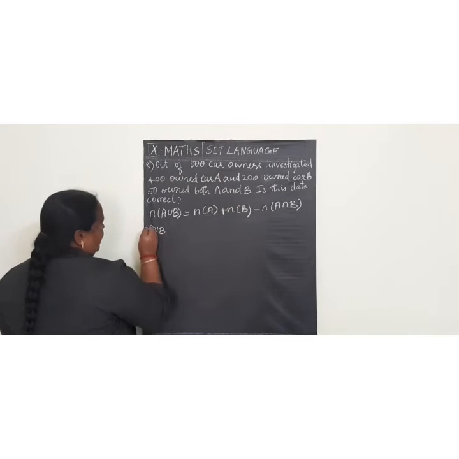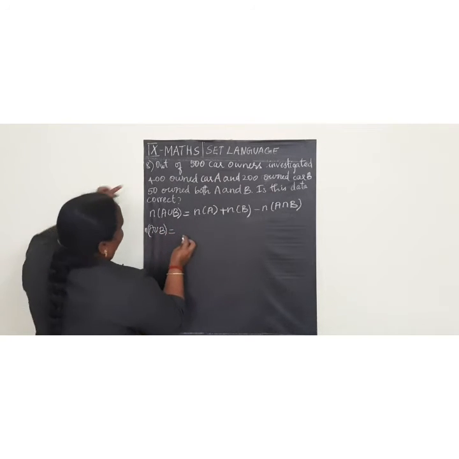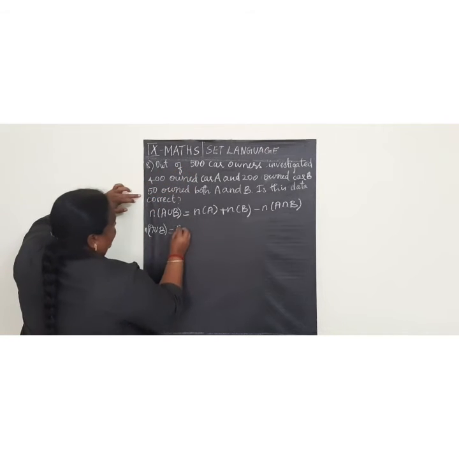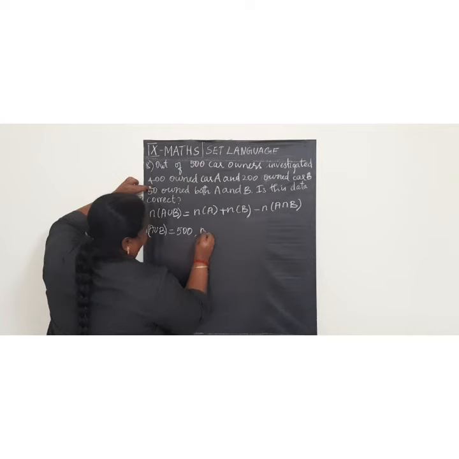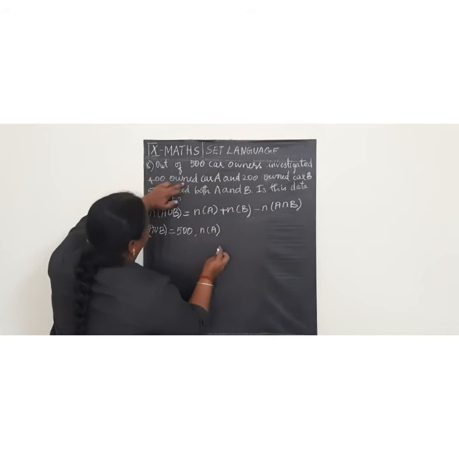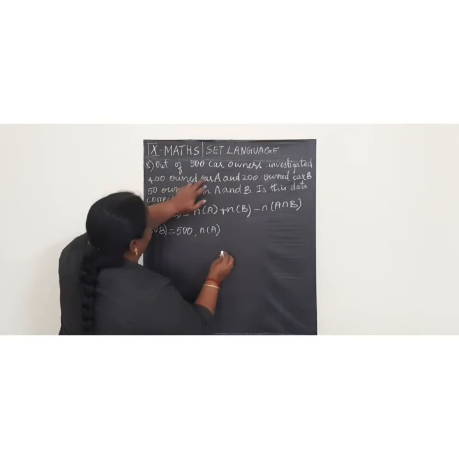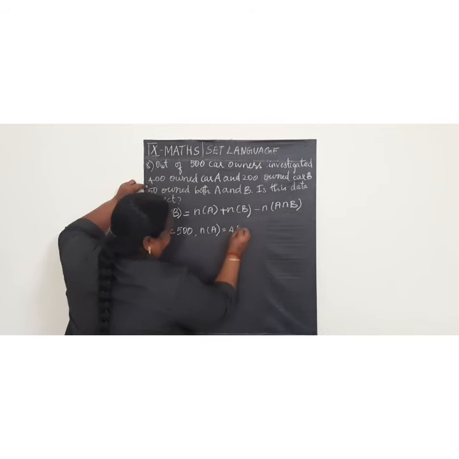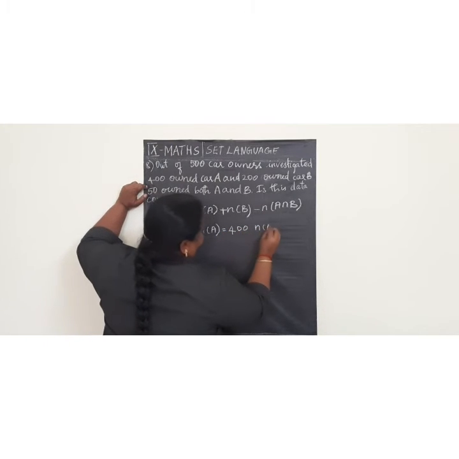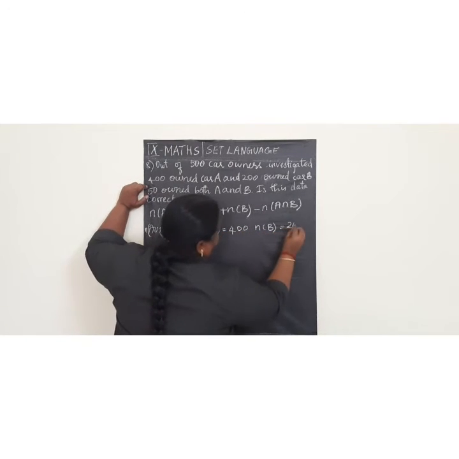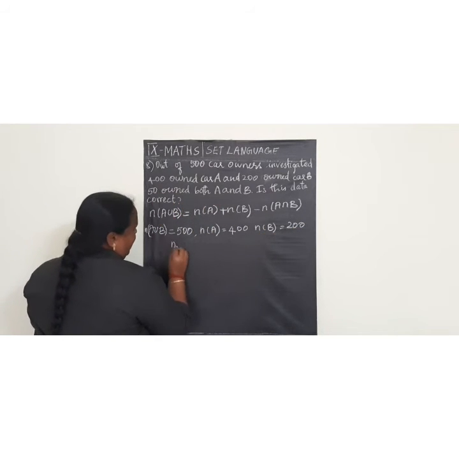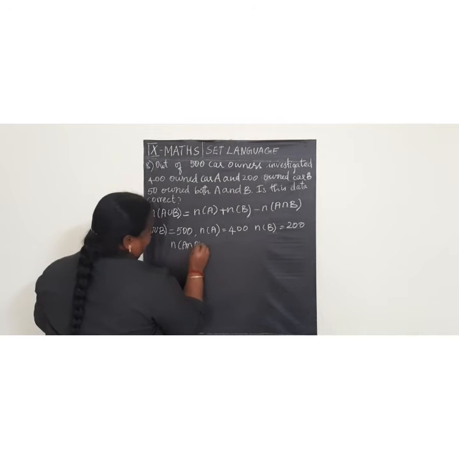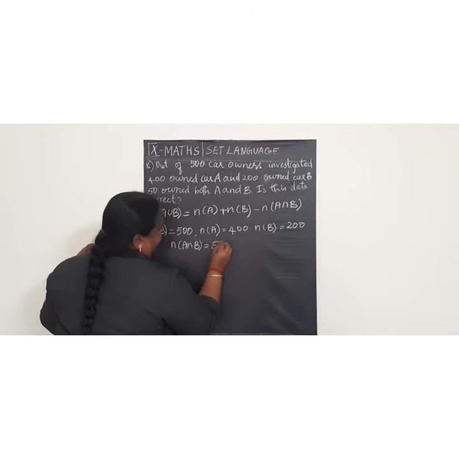Here the total number of car owners given is 500. Then n(A), how many own car A, is 400. n(B) is equal to 200. For both, 50 is given, so n(A ∩ B) is equal to 50.